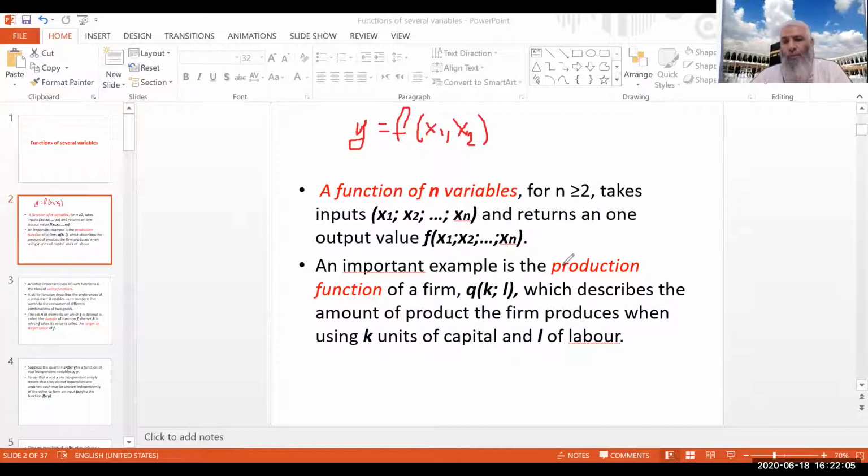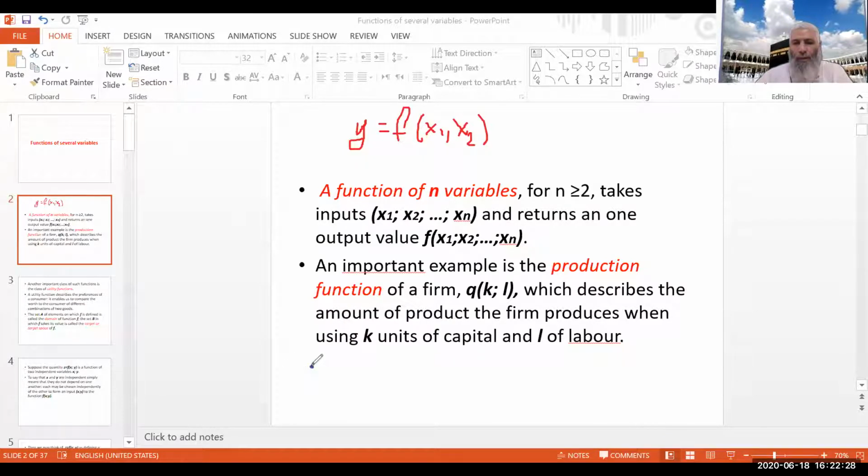An important example is the production function of a firm, Q of K and L, which describes the amount of production the firm produces when using K units of capital and L of labor.